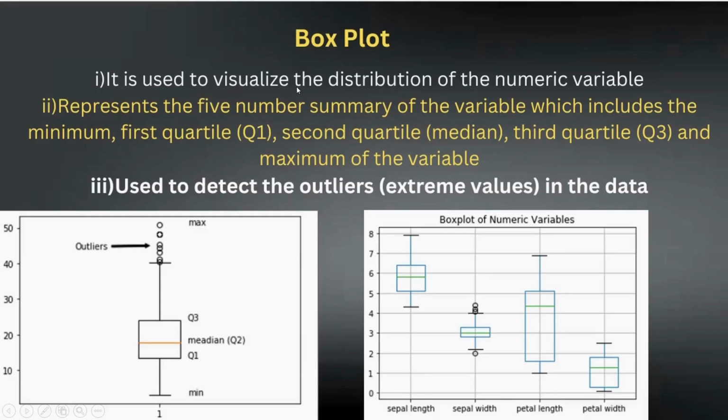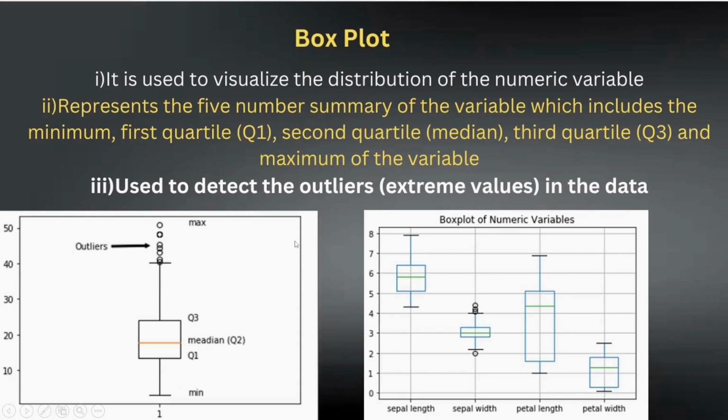Excel box plot is used to visualize the distribution of a numerical variable. It represents the five-point summary, that is minimum, quartile 1, median, quartile 3, and maximum, and all values below the minimum and above the maximum are called outliers.